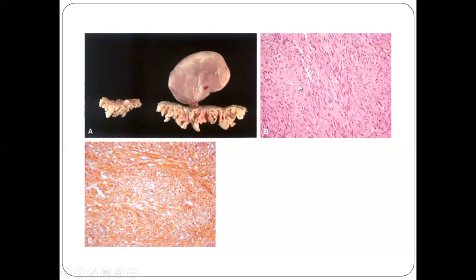So that is about the other tumors of the stomach, in addition to gastric carcinoma: lymphoma, then carcinoid tumor and gastrointestinal stromal tumor. So that is about the gastric polyps and tumors.